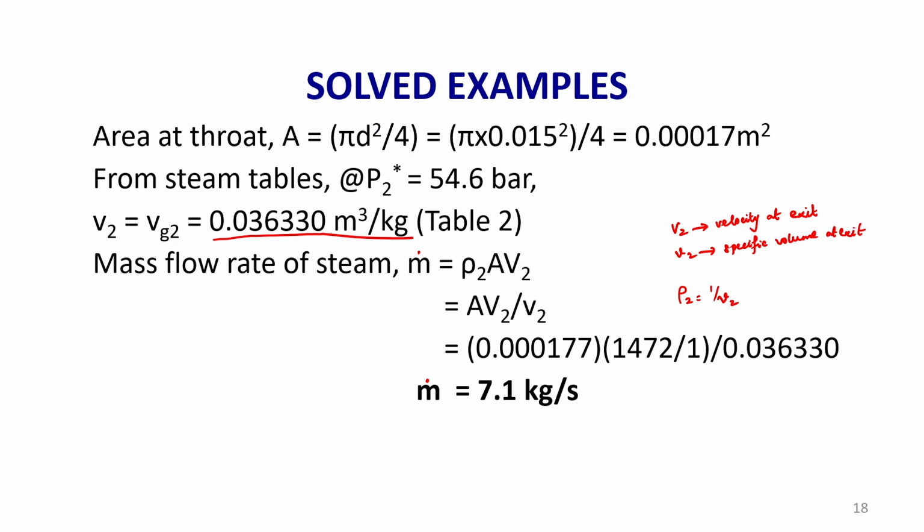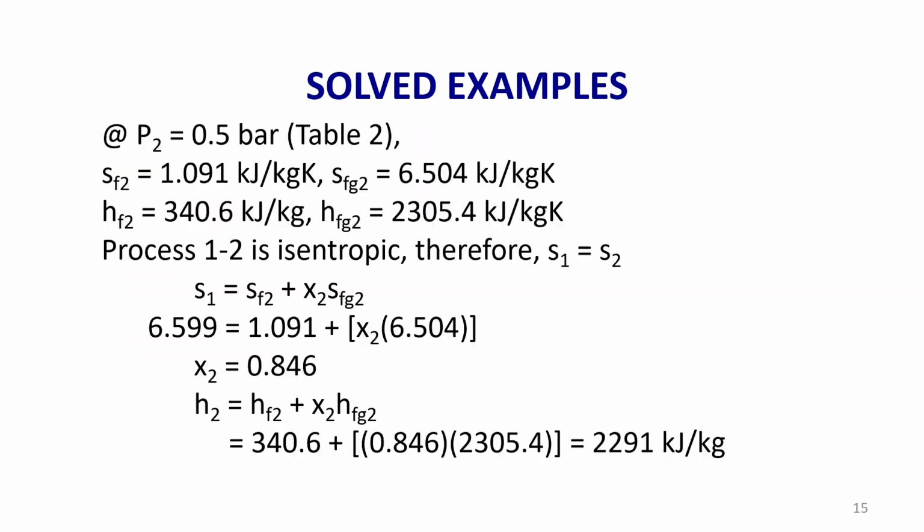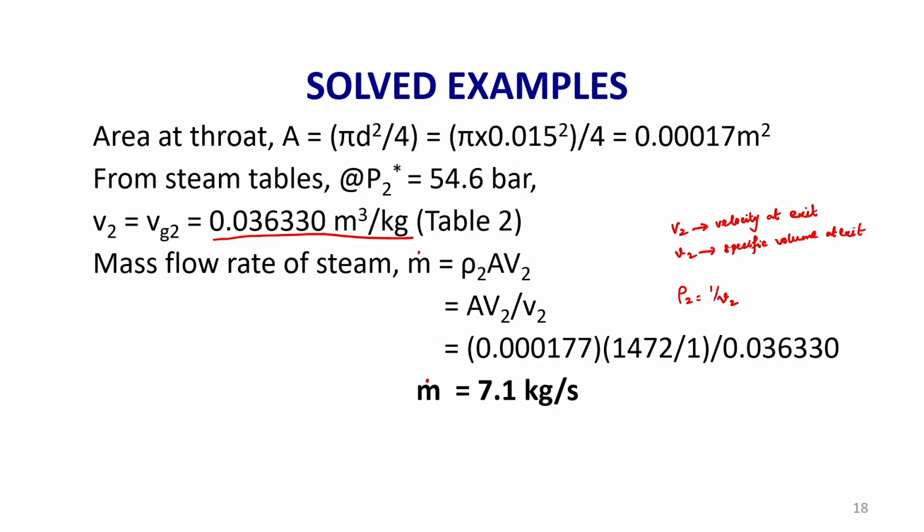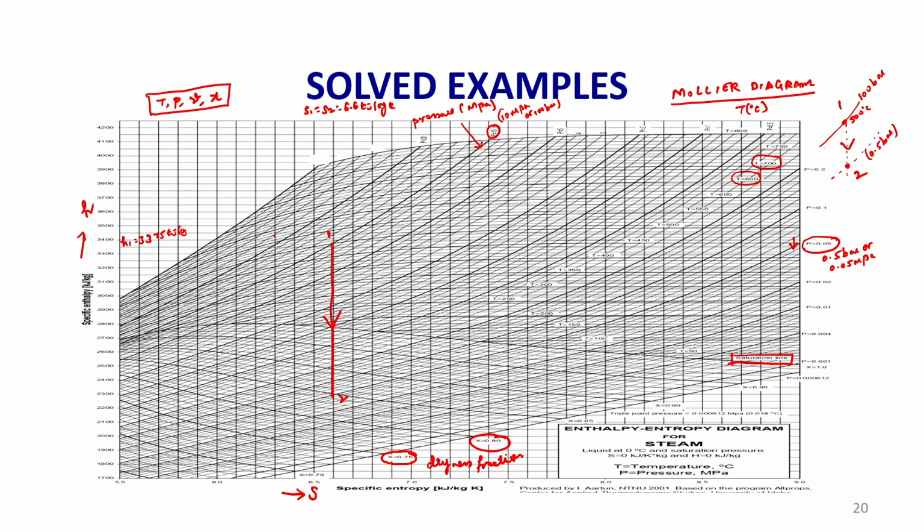If you compare the value which we have calculated using the steam table, it is 2291. Here I am getting 2300. So approximately H2 is equal to 2300. Let me repeat. If you take the x-axis value, that is entropy.